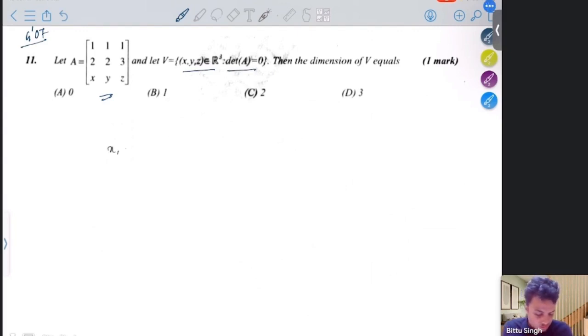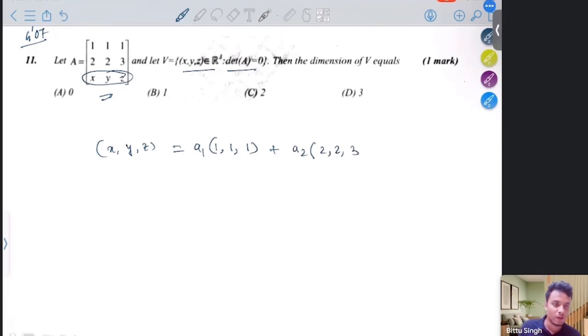Clearly, this determinant is 0. This means the third row is actually a linear combination of the first row and the second row.